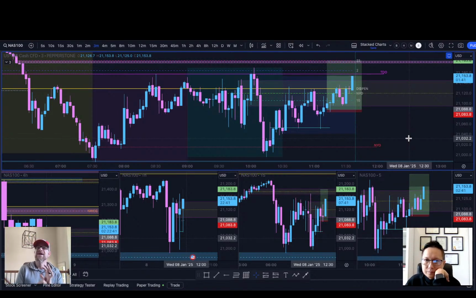Yeah. I would not be terrified or against partialing right about here, because we're at an origin, we're at True Day Open. That's a strong high. Entirely possible to give us a little pullback here, at least a minimal pullback. Wow, beautiful.